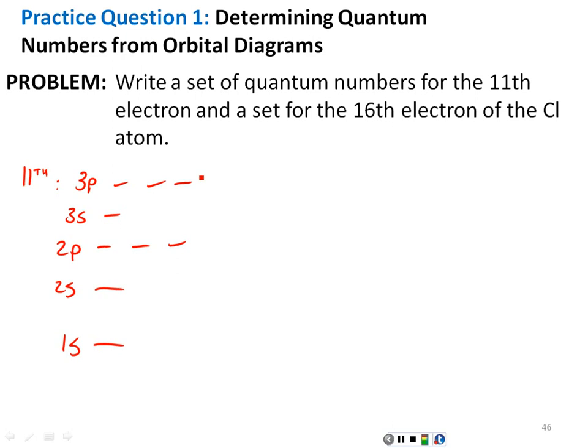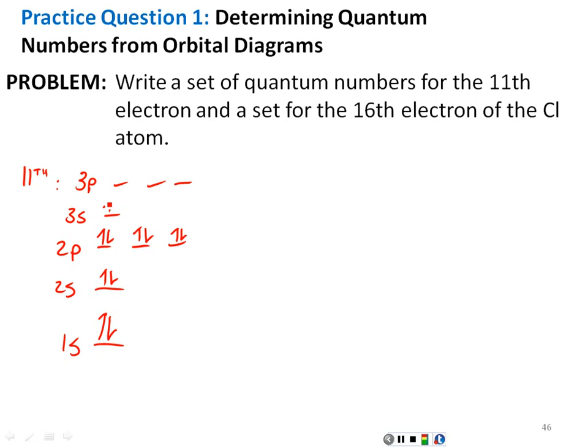Okay, now we want to find the 11th electron. So we'll start adding. 1, 2, 3, 4, 5, 6, 7. Remember, that's Hund's rule. You go all unpaired in the p orbitals first. 8, 9, 10, and 11 would be in the 3s orbital.